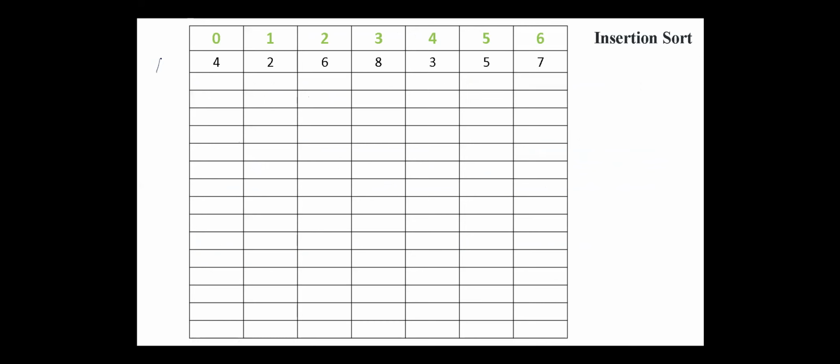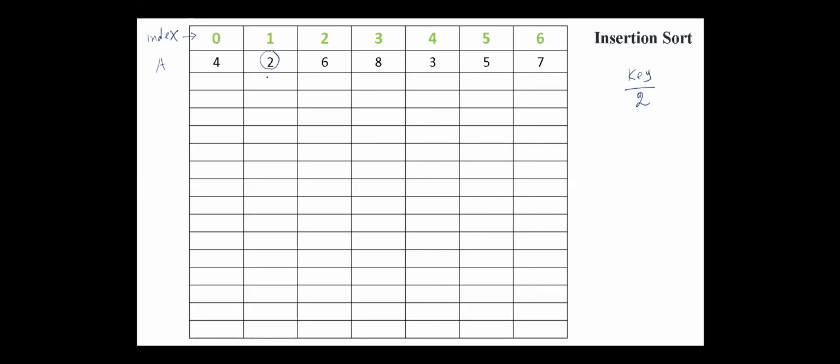Suppose that we have the array A. Here we have the indices of the elements in the array. We start with 2. We copy it to a location called key, and we compare it with 4.